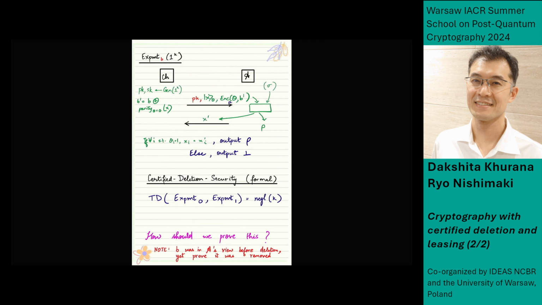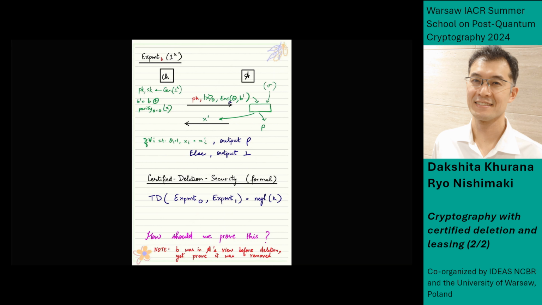So how do we prove this security notion? Let's consider a sequence of game experiments. Here we take the concrete parts of the construction and put them into this security experiment.